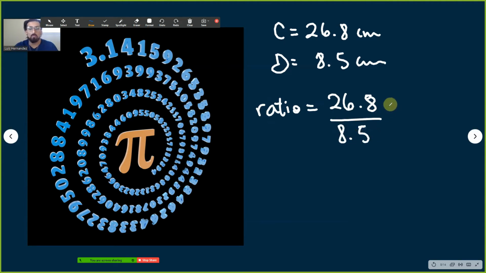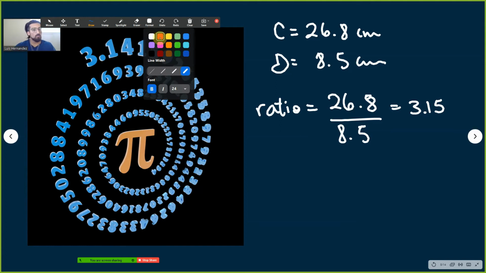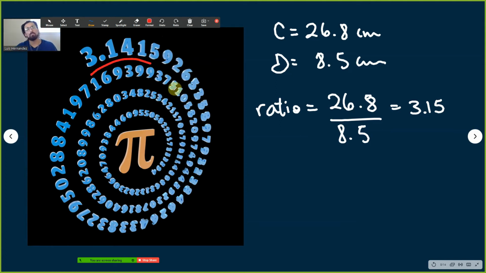What happens to the units? Well, if you divide centimeters by centimeters, the units are going to disappear, so you're just going to obtain a number, which is the definition of a ratio in the first place. So I don't know if you see it, but it's 3.15. I'm going to round it to 2 decimals, 3.15, which is really, really close to this number, right?